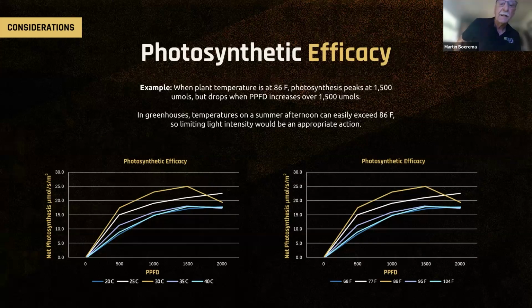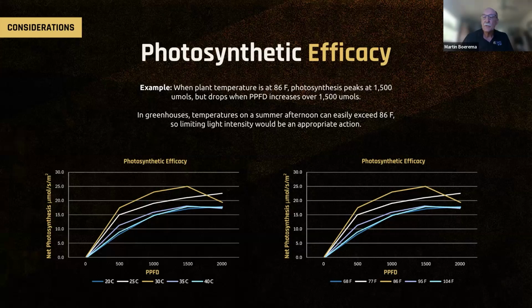Now we come to something that I like showing growers many times: photosynthetic efficacy. The vertical bar on the left shows micromoles of carbon fixation, in other words captured CO2 and its transformation into carbohydrates through photosynthesis. On the bottom we see the light intensity, and the colored lines are temperature.